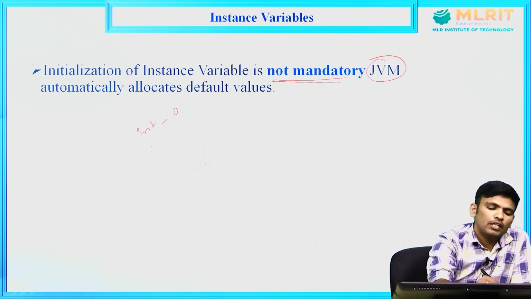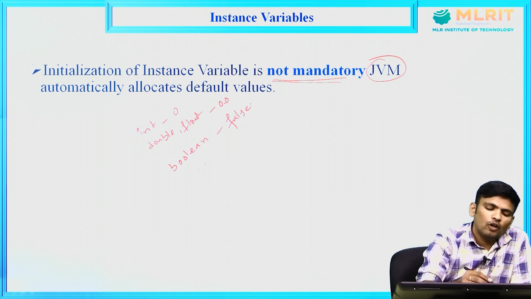If you are using double or float, the default value is 0.0. If you are using a boolean value, the default value is false. And if you are using a String or any class variable, then the default value is null.